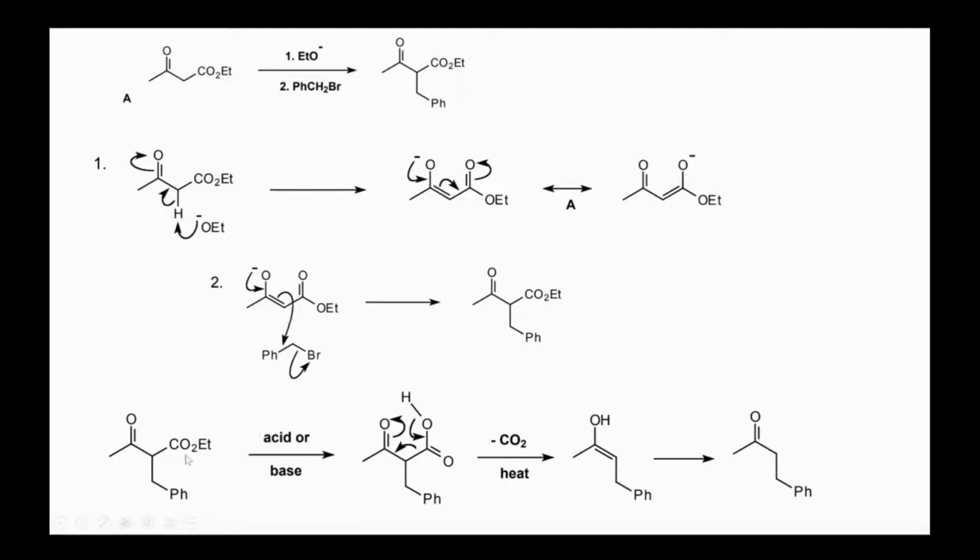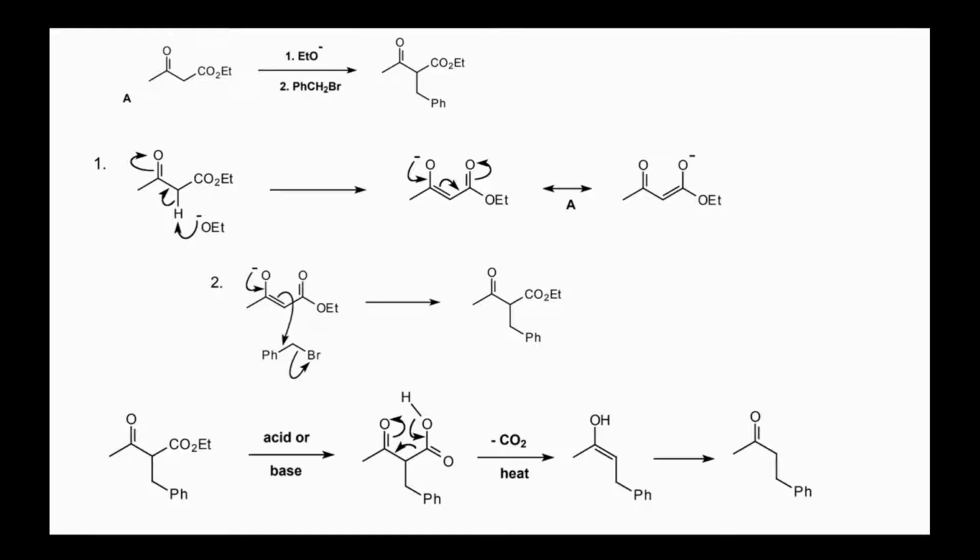Now the next thing that you can do with this functionality, you can remove this ester if you don't need it, because sometimes in synthesis you have to add this ester functional group deliberately to generate the active methylene unit, and then you don't need it at the end of the reaction because that is not what you are looking for. And then you can remove this ester functional group by using this strategy.